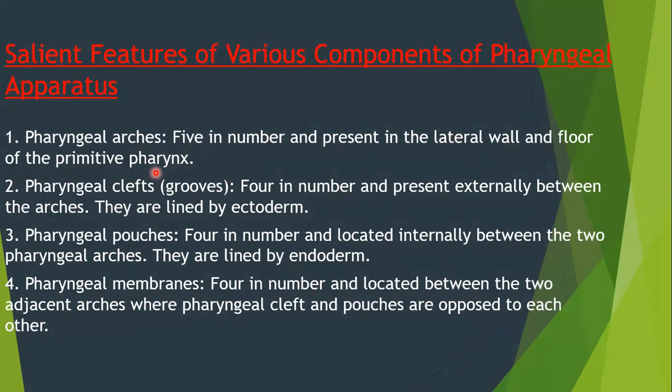Then we have pharyngeal pouches, which are evaginations of the endoderm in between the pharyngeal arches internally. Then we have the pharyngeal membrane, which is located between two adjacent arches where the pharyngeal cleft and pouches are opposed to each other.